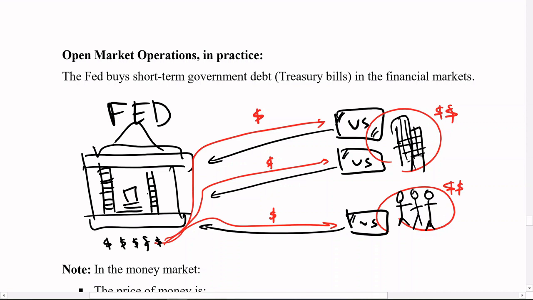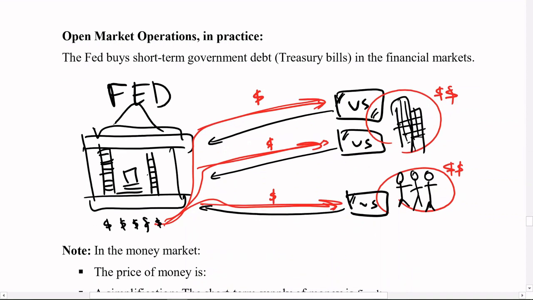Ultimately the Fed is sending money out into the economy, increasing the money supply, and we're going to show again graphically how that's going to be beneficial. But ultimately, it's coming down to interest rates, affecting consumption and investment.